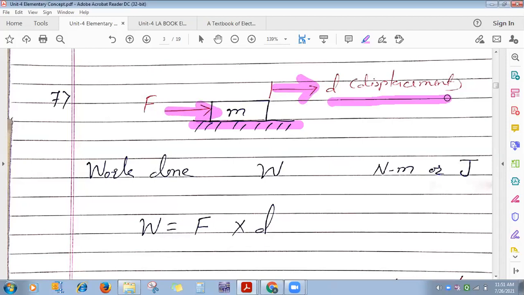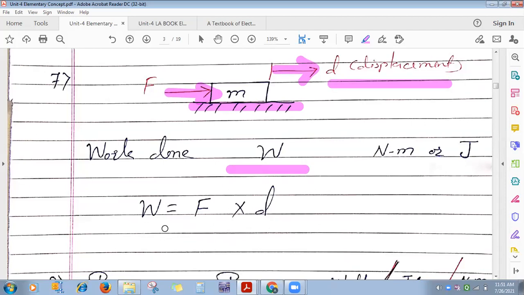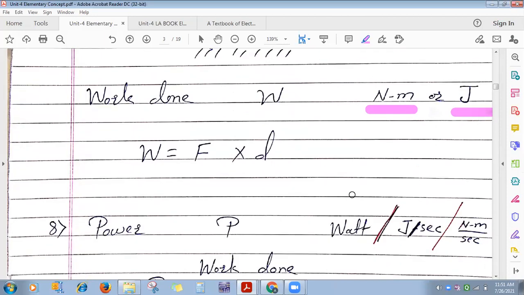Displacement you can denote by small x, small d also. Then in this case, we can say some work is being done. Work done is denoted by W. The formula is force into displacement. Here displacement x you can also use rather than d. So force into displacement, that's why Newton meter or Joule. Joule also you can use as a unit for it.